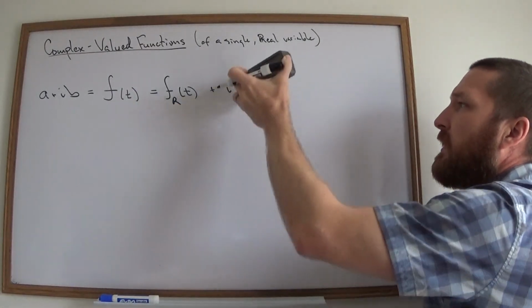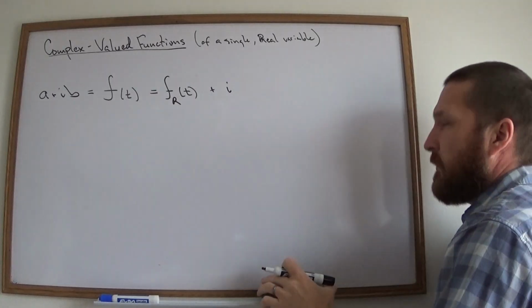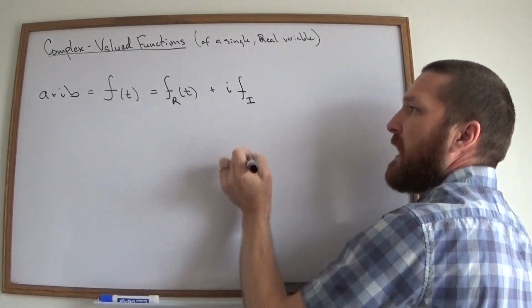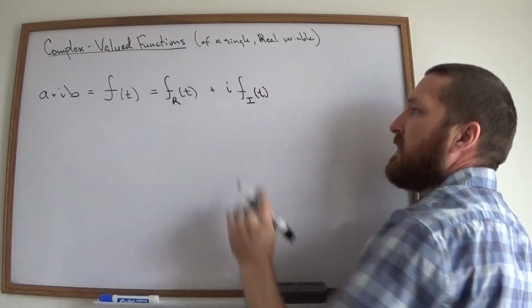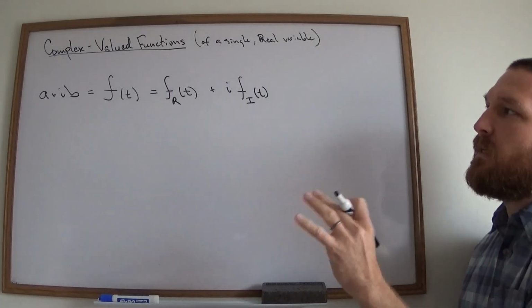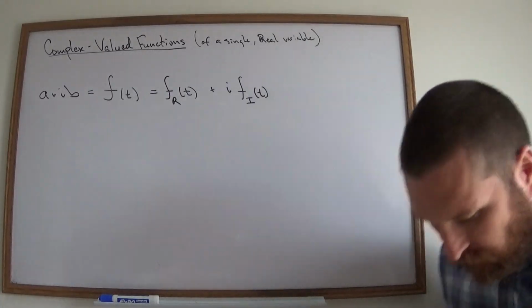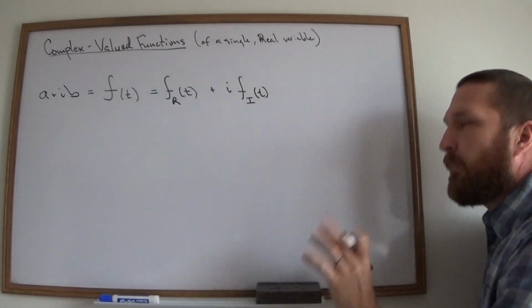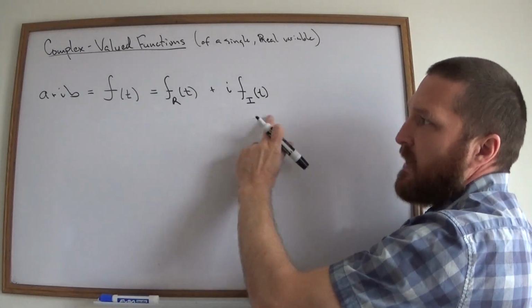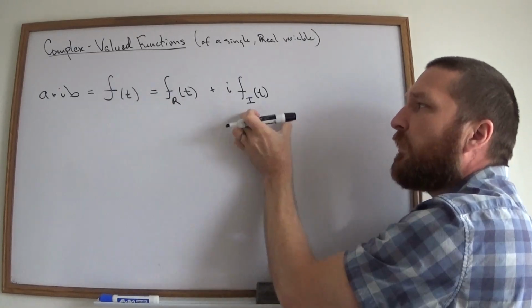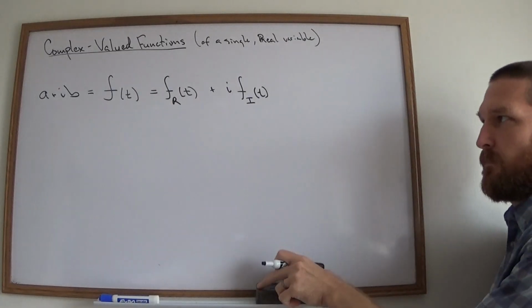And this part right here, can you guess what I'm about to write? f with a little subscript i of t, for the imaginary part. So you give me any complex valued function where you have a single real variable as an input, and believe it or not, we can rewrite it in this form as a sum of two real valued functions.